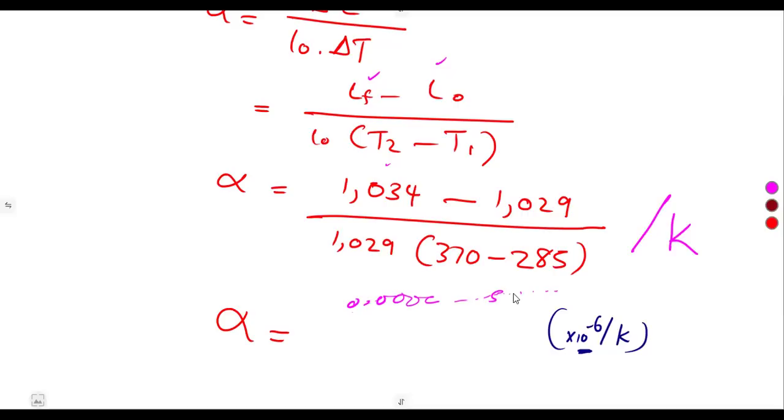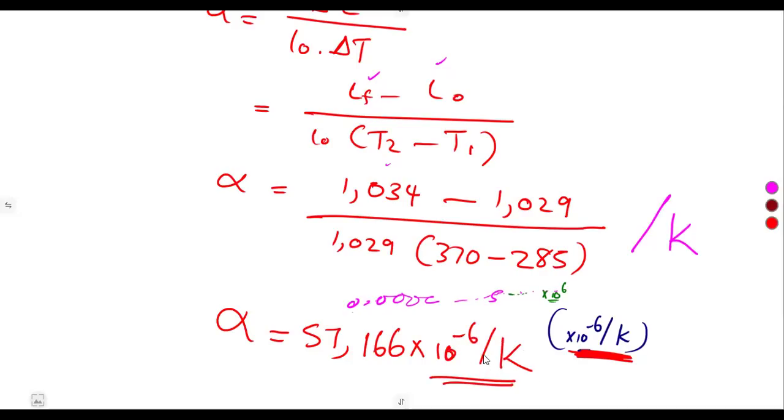So on your answer from your calculator, multiply by 10 to the exponent of 6, the opposite of minus 6. You are going to get 57.166 times 10 to the exponent of minus 6 per Kelvin.